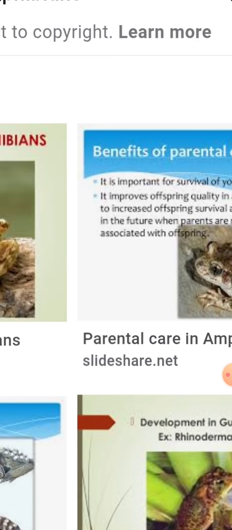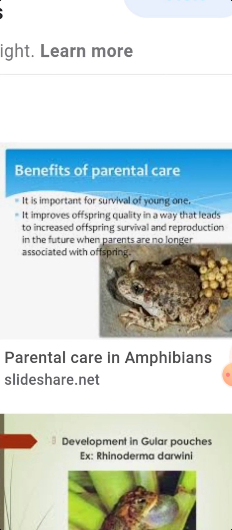And what is the use, what are the benefits of parental care in the amphibians? It is very important for the survival of the young one.